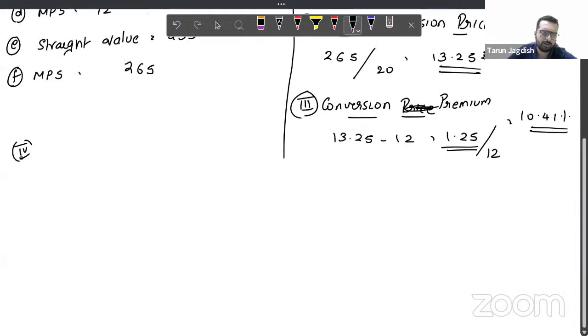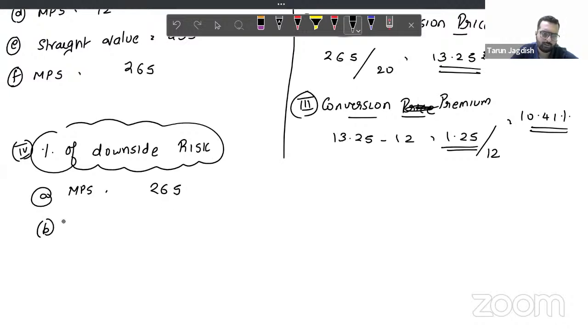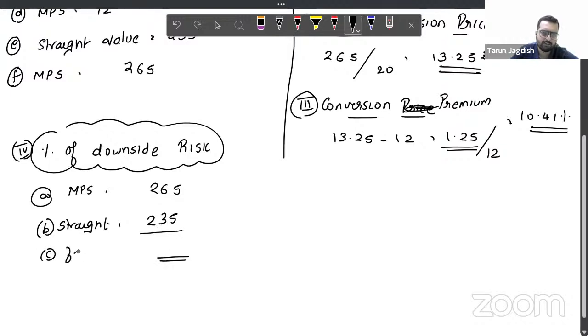So I'll write down over here percentage of downside risk. So friends, how do we do the percentage of downside risk? What is the market price as of now? 265. What is the straight value of the bond? 235. So what is the chance of fall that can happen over here? 30.